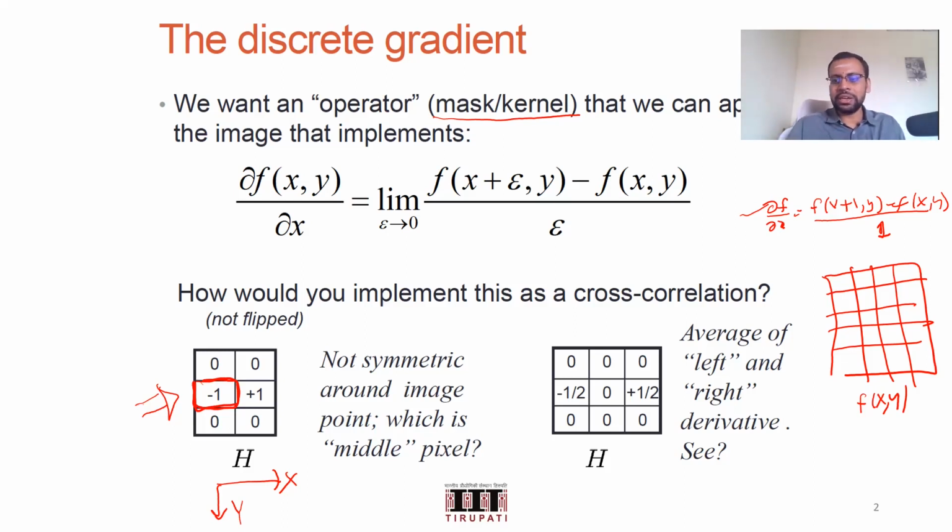If you are multiplying it, you notice that at each pixel, suppose here is my pixel x comma y, for particular values of x comma y, this is exactly doing this. If I want to convolve it, then I need to flip it. So this being my center, I need to compute the other way around. So typically these two are different because this mask is not symmetric.